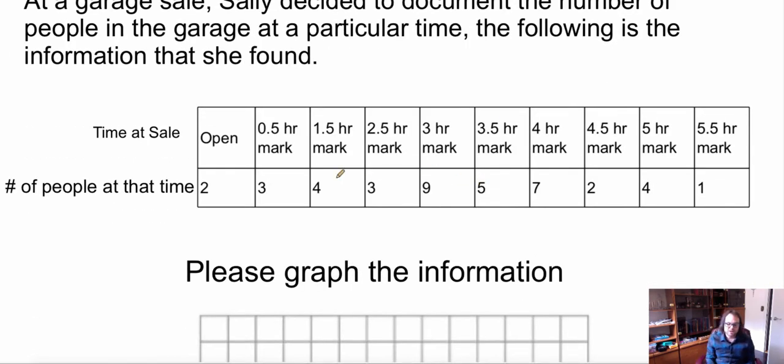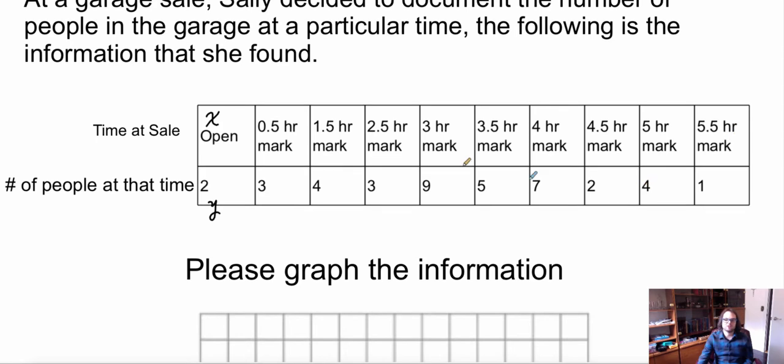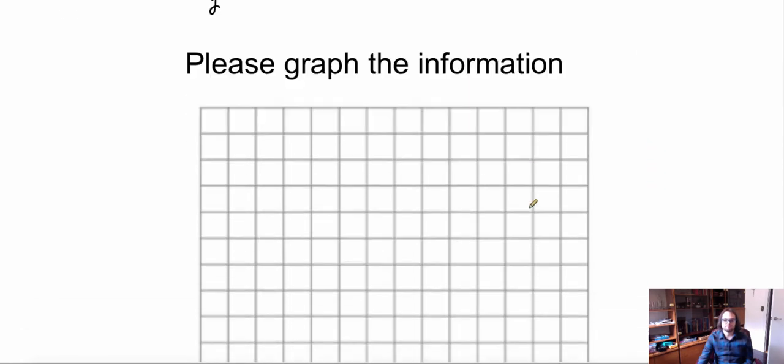So right here, my independent variable is going to have to be my time. It's normally almost always time, so this is going to be my x. My y is going to be over here. It must be the amount of people. Now I look at this, we go from 0.5 hours, and we always have half hour more or less increments. So altogether, I am looking at 11 different things there, so we need 11 along the bottom.